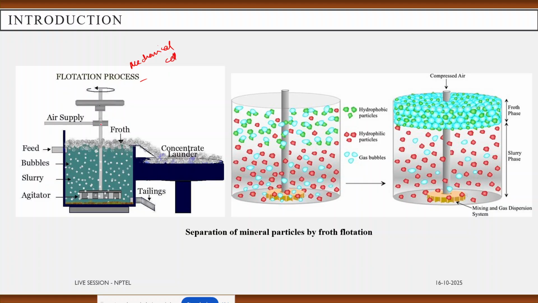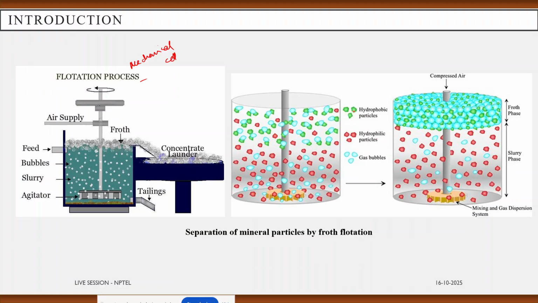Okay, so what is happening here is that this is the water system or the pulp, and there is one motor. So we are introducing gas bubbles into the system, and here you can see a clearer picture of what is happening.